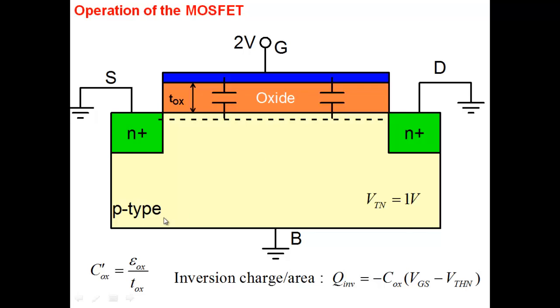At VTHN, the amount of electrons at the surface is equal to the holes in the bulk. Yes. Let's say if I take p-type doping as 10 to the power 16, the electrons at the surface are 10 to the power 16. But that's not enough. The amount of inversion charge that it will result in will be small.